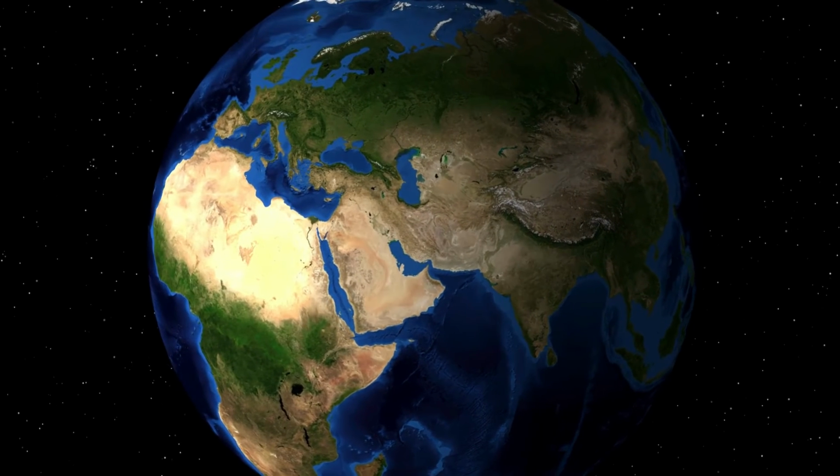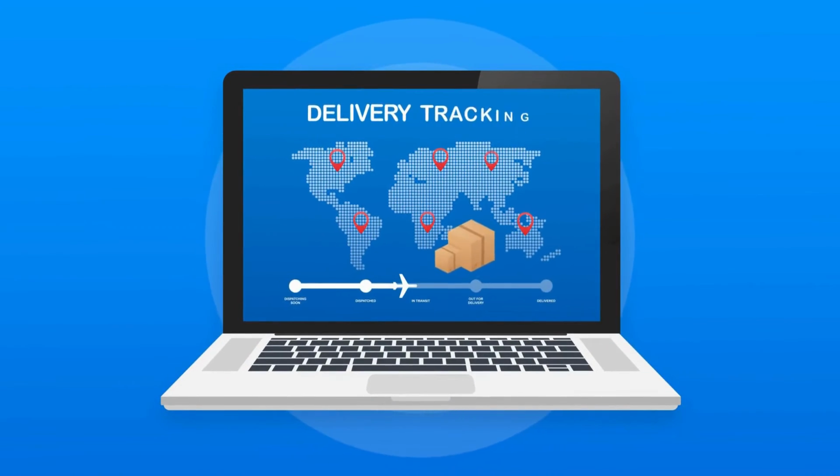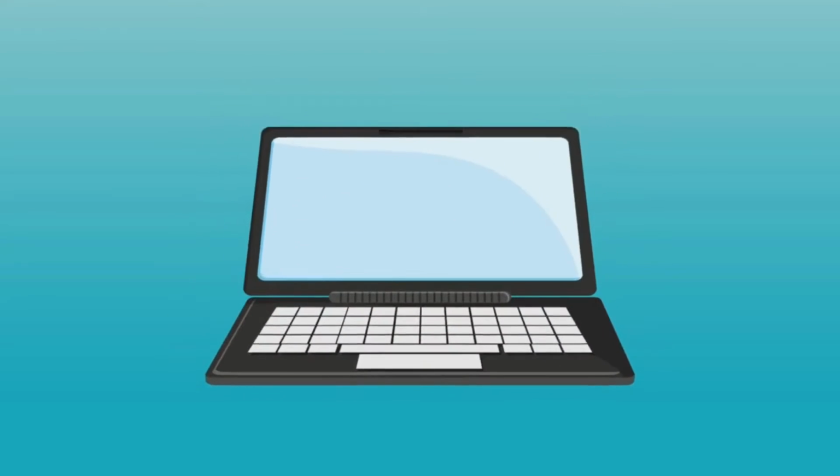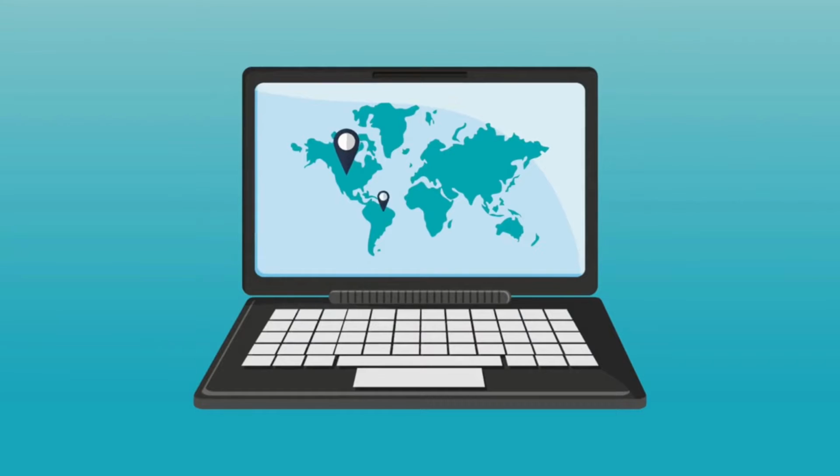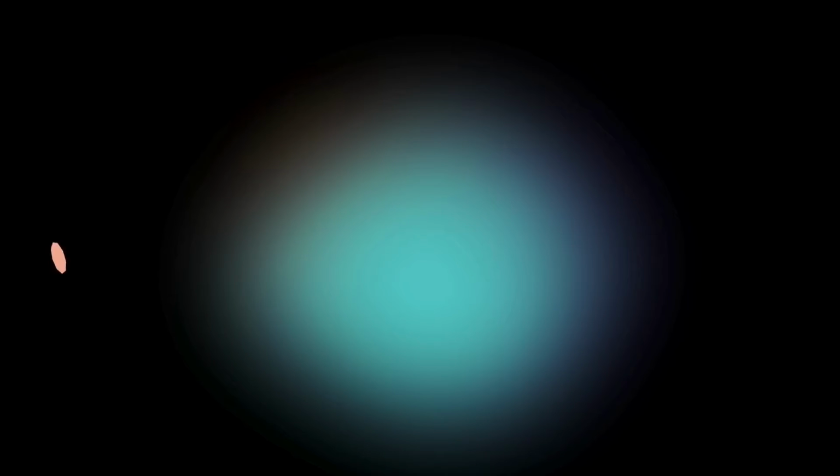IP geolocation, a key component of IP data extraction, determines the geographical location of a user based on their IP address. This can reveal the user's country, city, zip code, and even latitude and longitude.